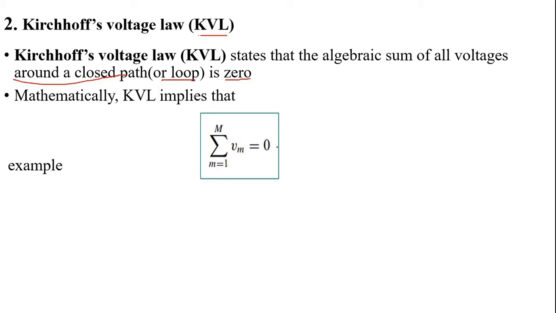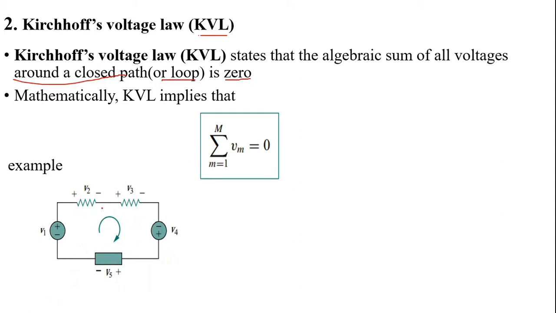If we take this as an example, here is a simple circuit, and we take the current flowing through this circuit as I. If the current is entering a negative terminal, the voltage is signed as negative. So the algebraic sum of these voltages is 0.